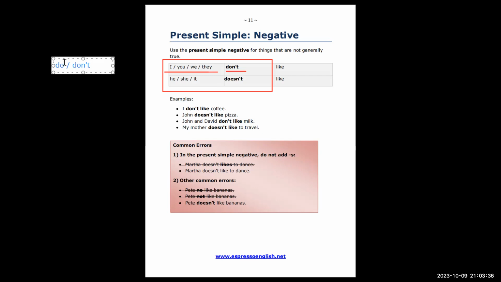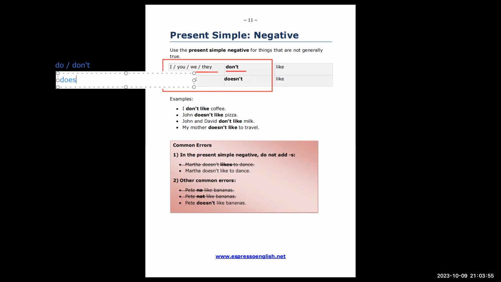If the subject is he, she, or it, you will use does for positive and doesn't, or does not, for negative. Understand? So do and don't for I, you, we, they; does and doesn't for he, she, and it.